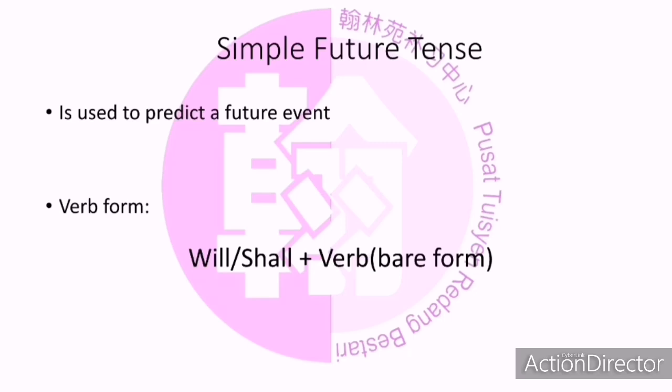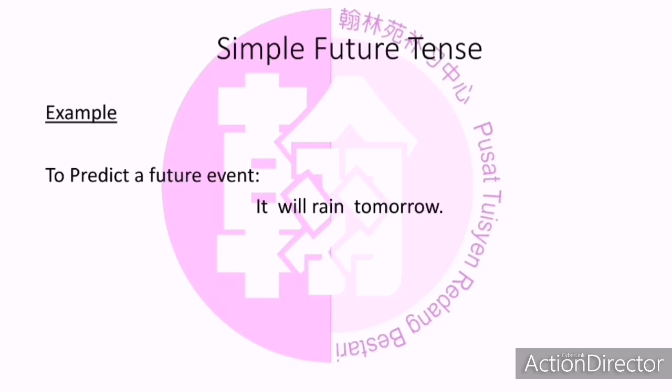Bear in mind it is in bare form, because for some other tenses it will be will with some other verb forms. So do not ever try to write it in other forms. Bear in mind it's only will or shall with the verb in bare form. That's it.